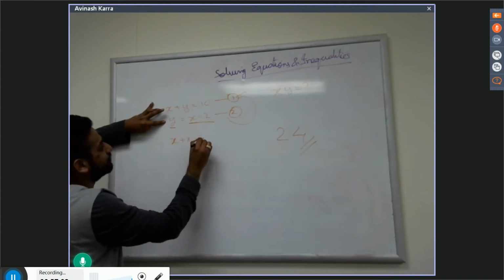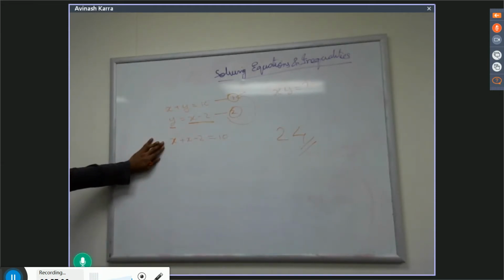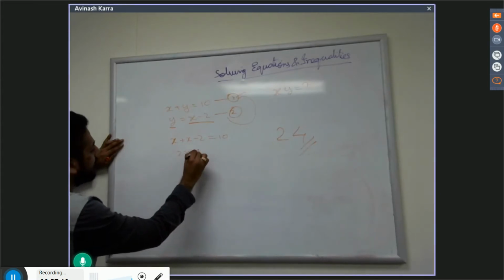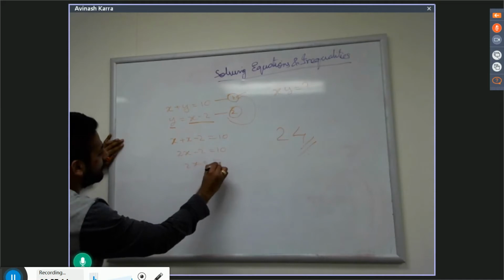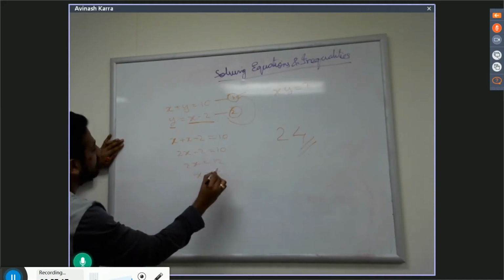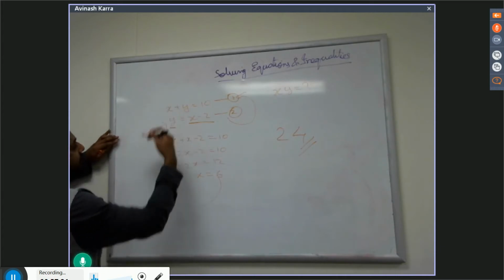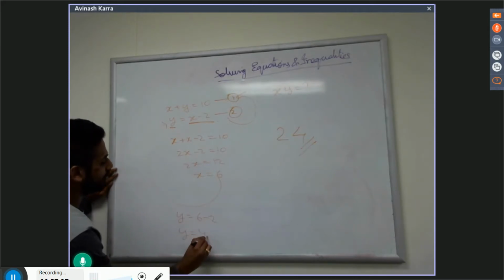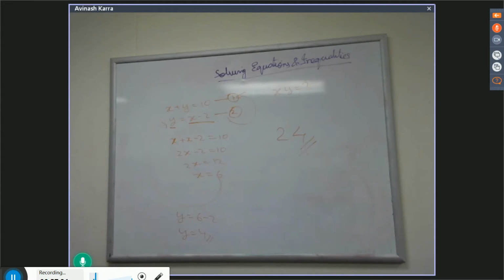X plus x minus 2 is equal to 10, so 2x minus 2 is equal to 10. So 2x is equal to 12. X is equal to 6. Now substitute 6 in any of the equations. Y is equal to 6 minus 2. Y is equal to 4.